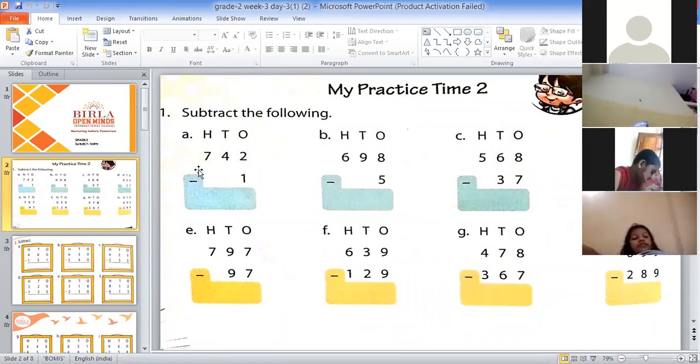How will you read this? In hundreds place you have number 7, so this will be read as 700 and 42. We will read it together. So number is 742.